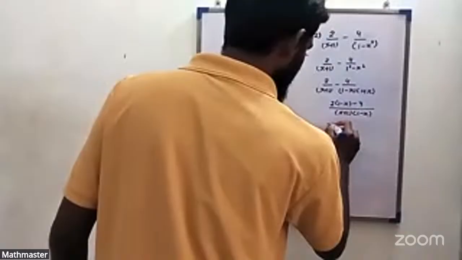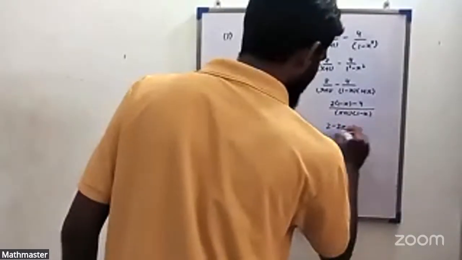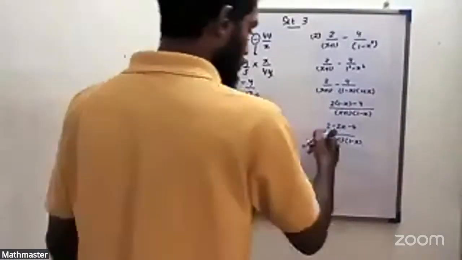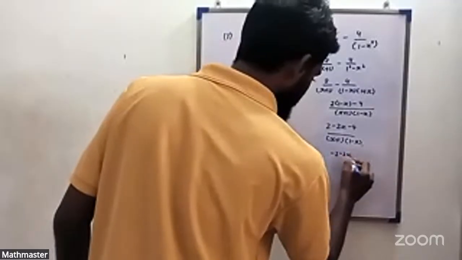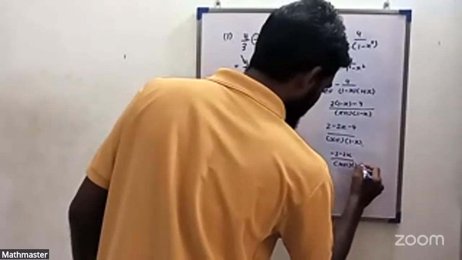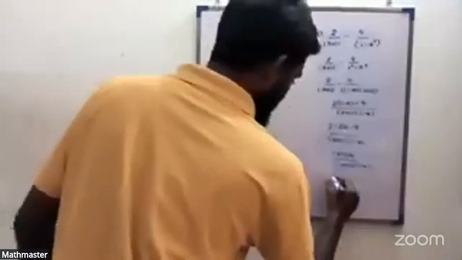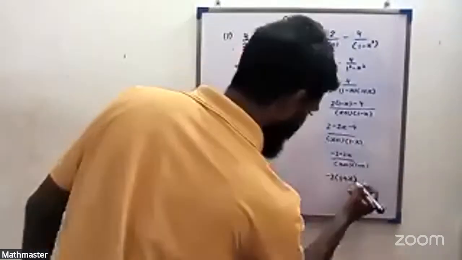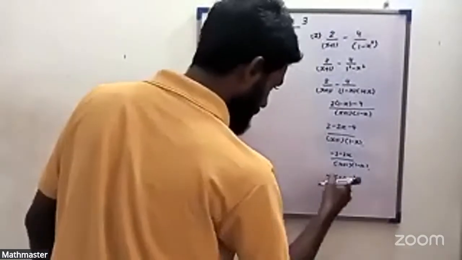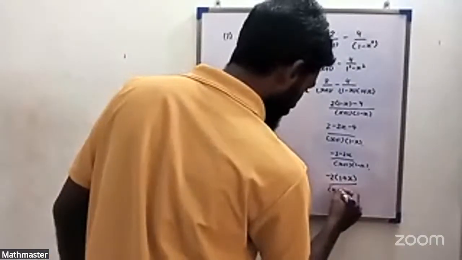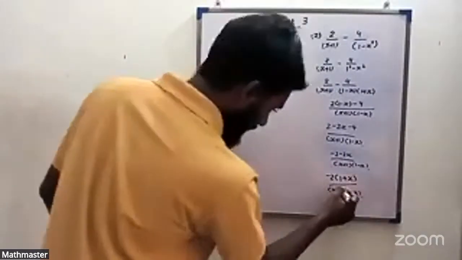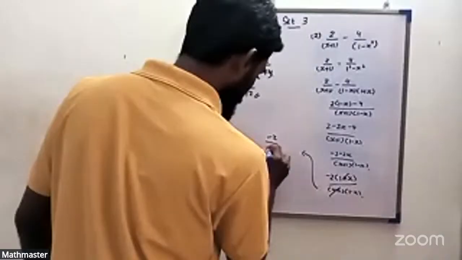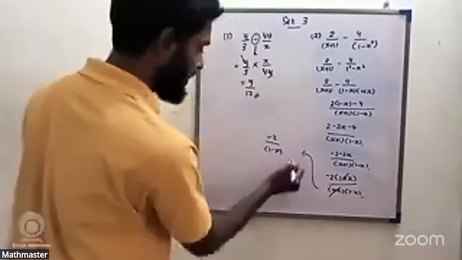Then you can expand: 2 minus 2x minus 4 over x plus 1, 1 minus x. 2 minus 4 is minus 2, minus 2x over x plus 1, 1 minus x. Here minus 2 is common, so minus 2, 1 plus x. Minus 2 minus 2x, correct. Then x plus 1, 1 minus x. Here you can cancel x plus 1 with x plus 1. The answer will be minus 2 over 1 minus x. This is the final answer.